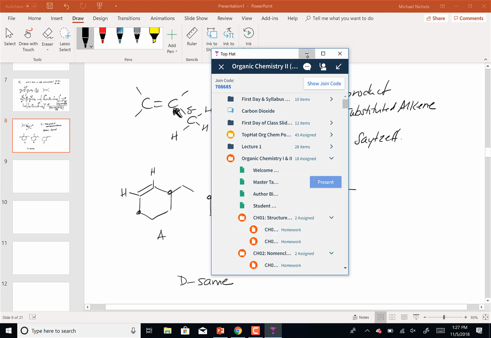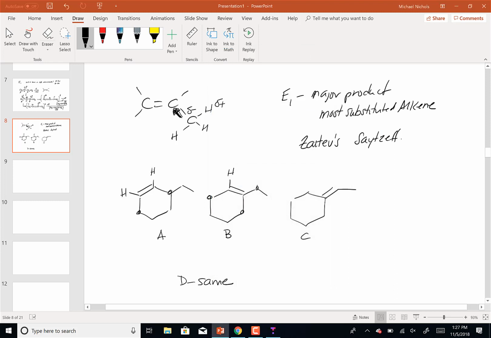Okay, how many alkyl groups are attached to C? To the double bond in C? 3. So we've got 1, 2, 3. Now there may be a difference in the double bond being attached inside the ring and outside the ring, but I'm not considering that. Just total number of alkyl groups. So if that was the case, B and C would be tied.